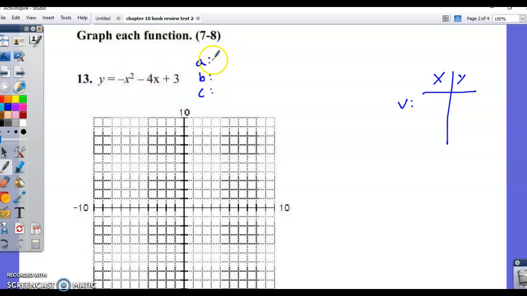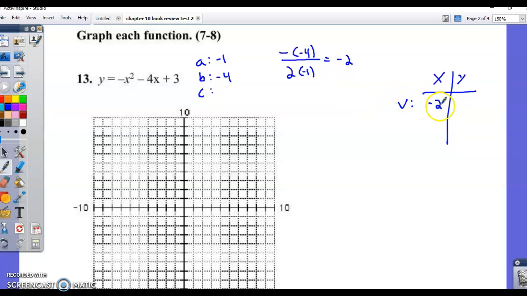So my A is negative 1, my B is negative 4, and again, negative B over 2A. So negative 4 over 2 times negative 1. When I do that, that's going to be a positive 4 divided by negative 2. It's going to be negative 2 for my x. Again, you're putting this into your calculator.